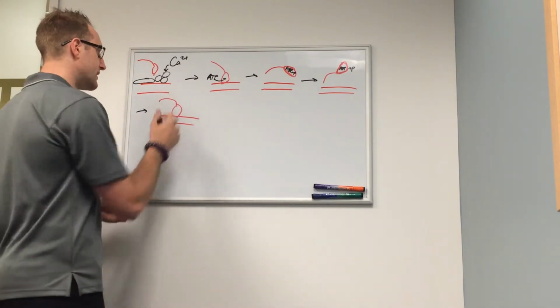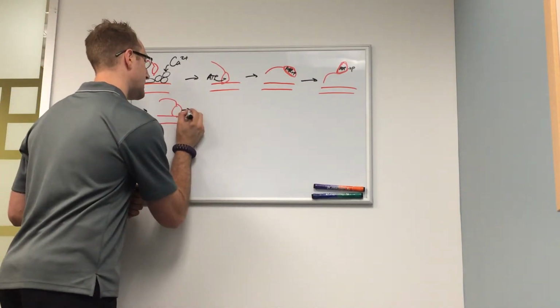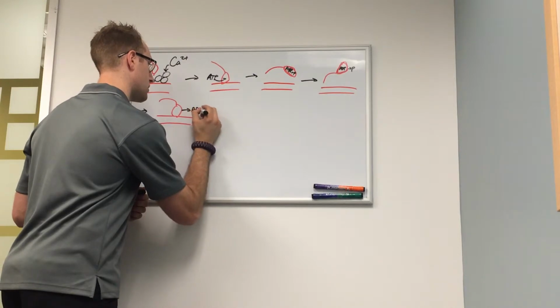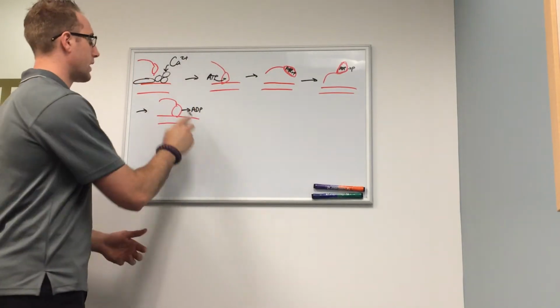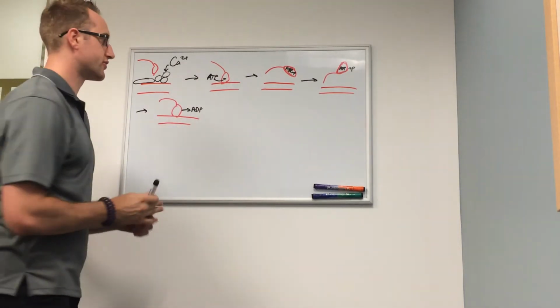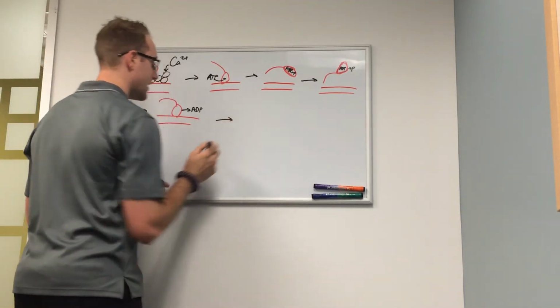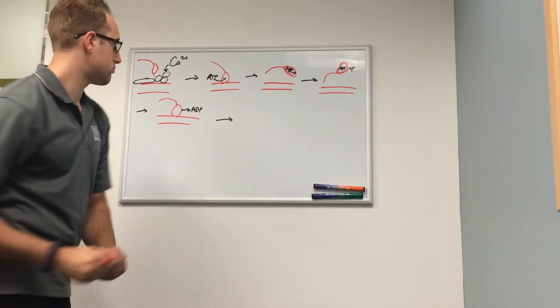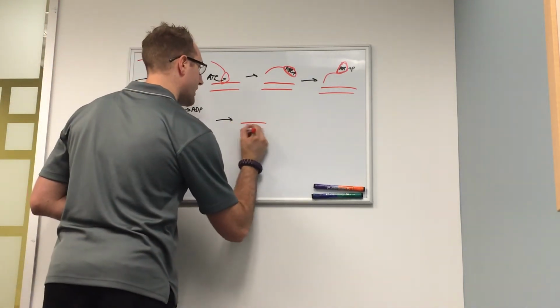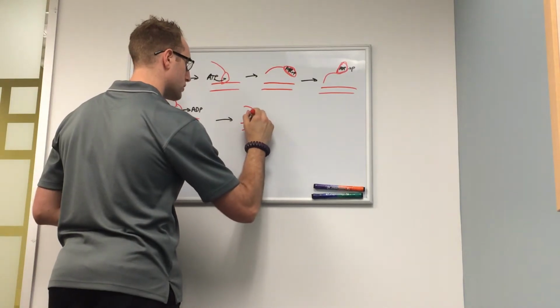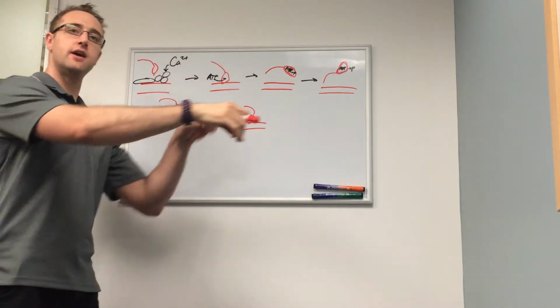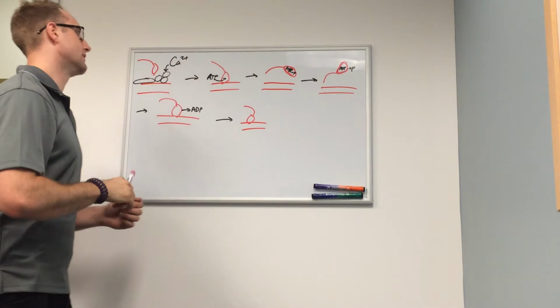The shift of this is going to cause ADP to leave, okay? Again, this is going to change the charge distribution of the myosin head, and that will cause the myosin head to pull on the actin, okay?